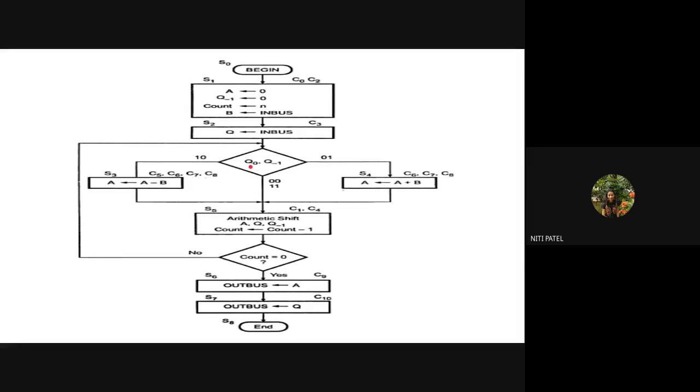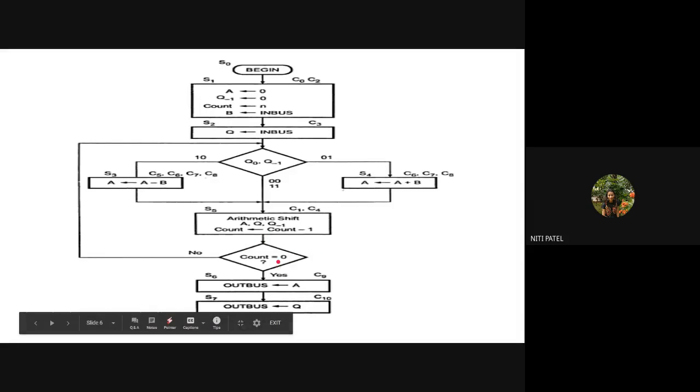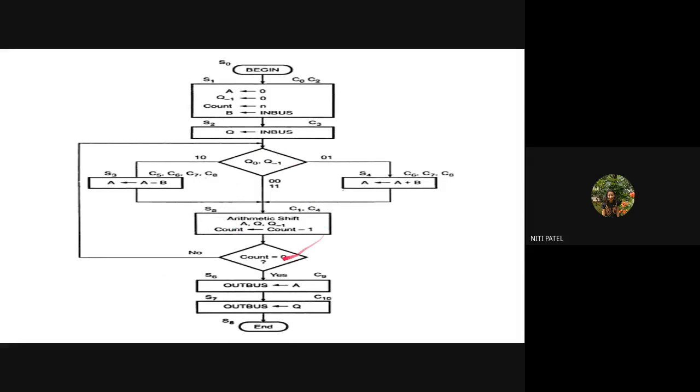Then we decide the value of Q0 and Q minus 1. If it is 0, 0 or 1, 1, we directly perform the shift operation and reduce the count. But if it is 0, 1, we perform A plus B. If it is 1, 0, we perform A minus B. And after that, we do the right shift, we decrease the count. Again, we check the count. If it is not 0, we keep on repeating this cycle until it becomes 0.